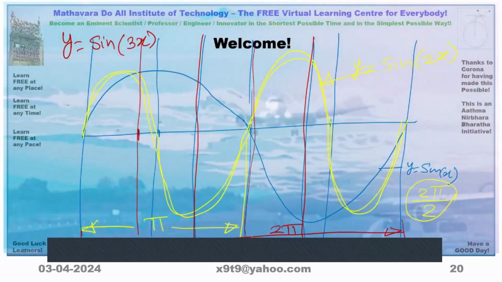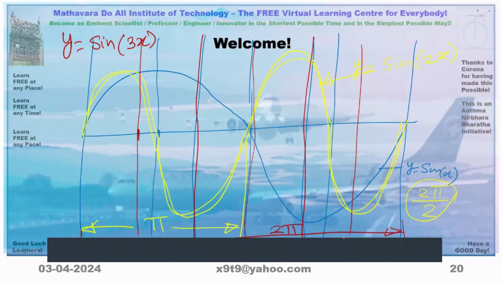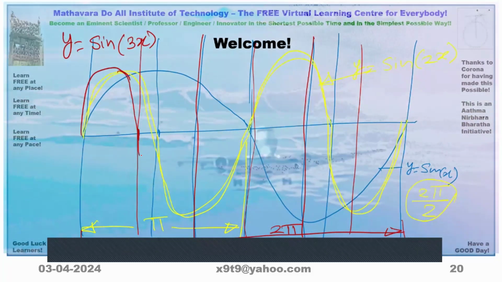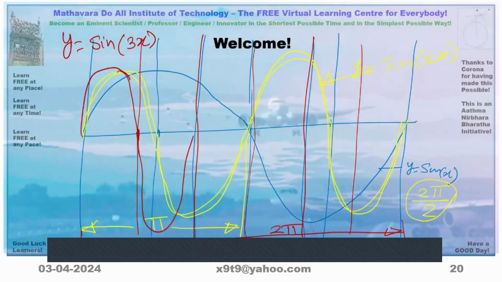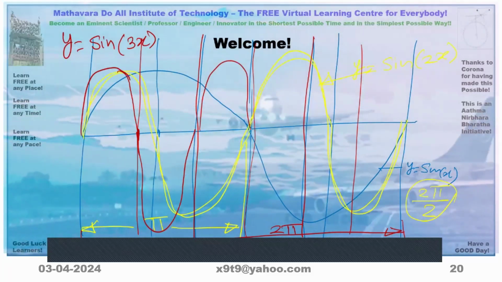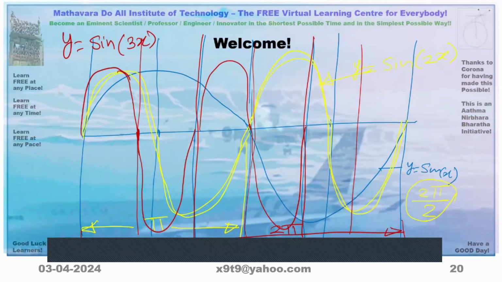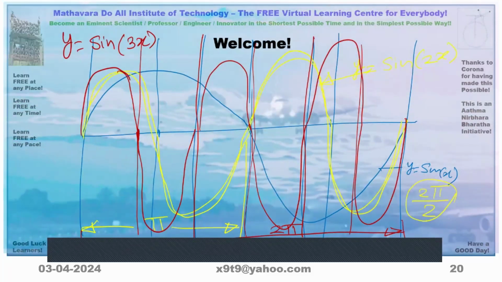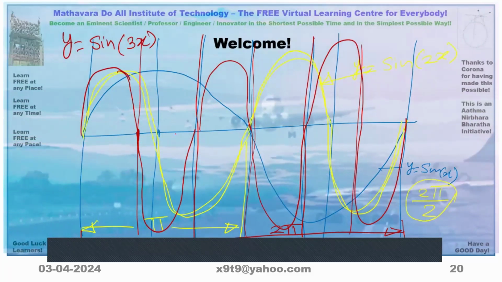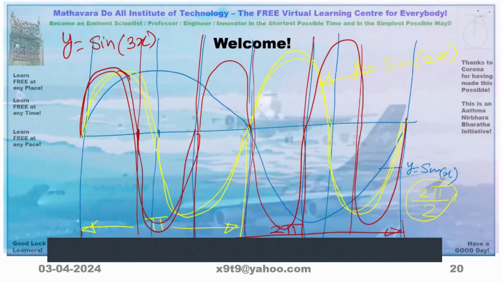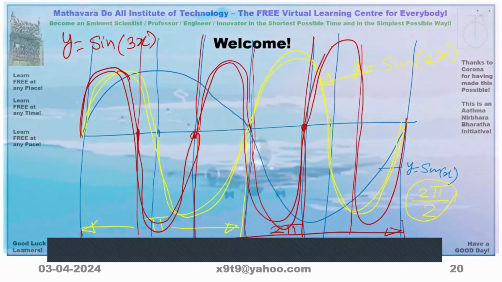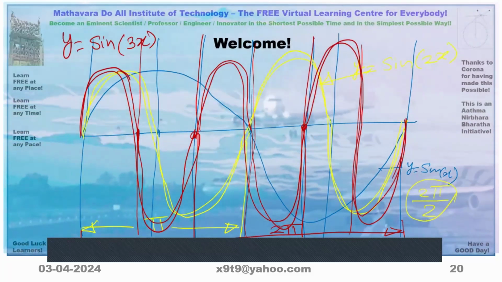That means it will go like this, come here, like this. So this is one cycle, this is another cycle, this is another cycle.